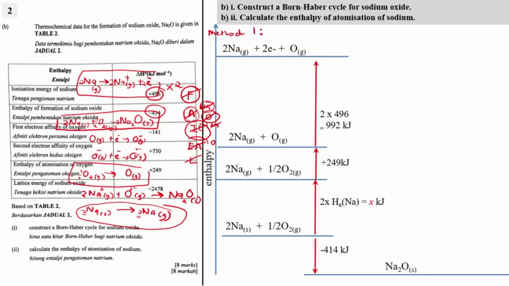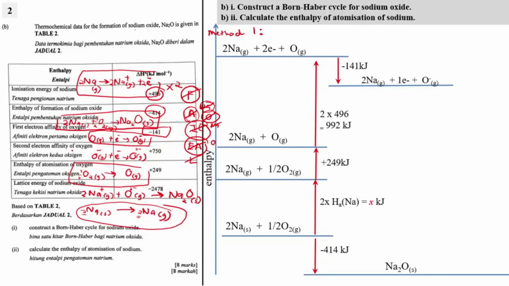Now we're going to focus on the electron affinity of oxygen. We do the first electron affinity first. From O, it will take 1 electron to become O minus. So oxygen here will take 1 electron, so it will go down by negative 141 kilojoule. Then 2Na gas, we just copy back, and 1 electron is transferred into oxygen to become O minus gas. It's going to go down by negative 141, so we put it here.